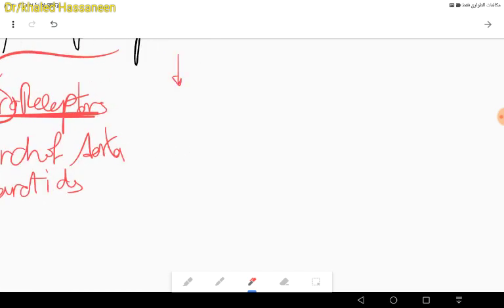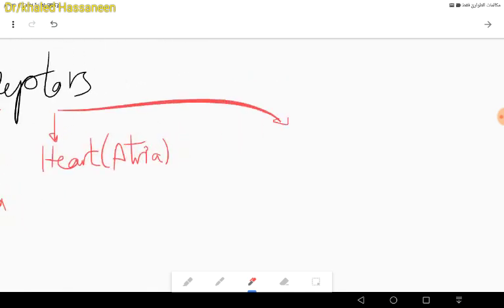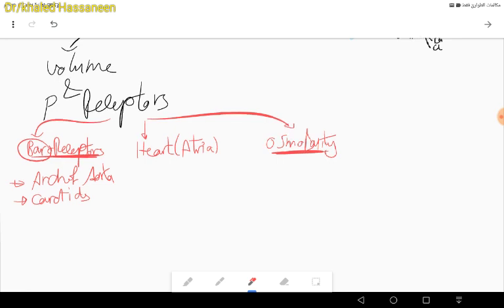The second type of receptor, which is also stimulated by volume changes, is found within the heart, mainly the atria. And the last type, which is stimulated by the osmolarity of the blood, is found mainly in the hypothalamus and is called the osmoreceptor.